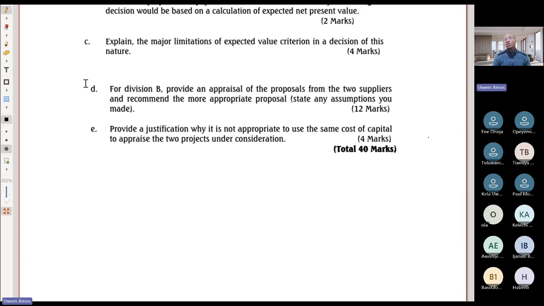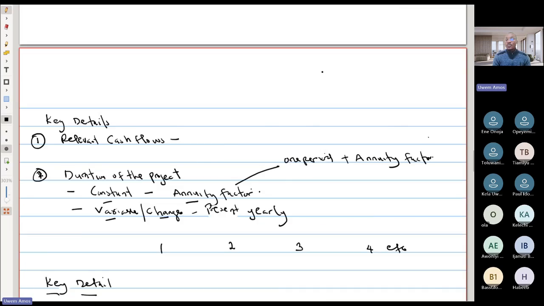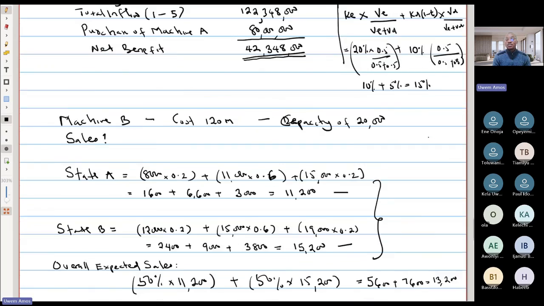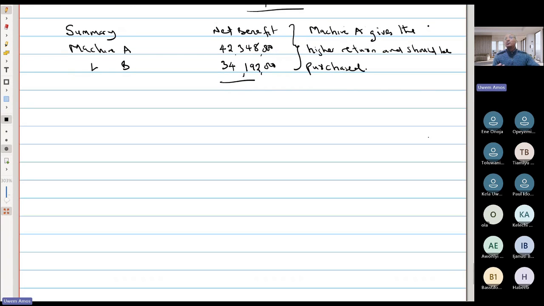What information would we pay for? Now, if you have information that gives you the ability to project which state would happen, all you need to do is go for the state that gives you the best benefit. And what do I mean by that? Let's look at the B part.